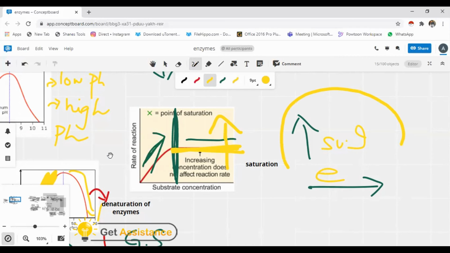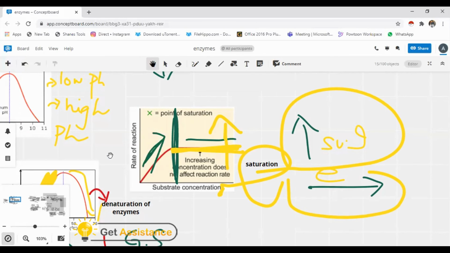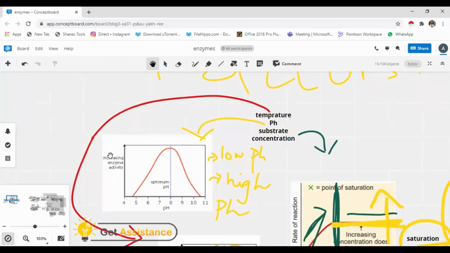Whenever substrate concentration increases and enzyme is constant, it will lead to saturation of enzymes, that there is no active site available. When there is no active site available, it will create a problem, and you will start getting fat.